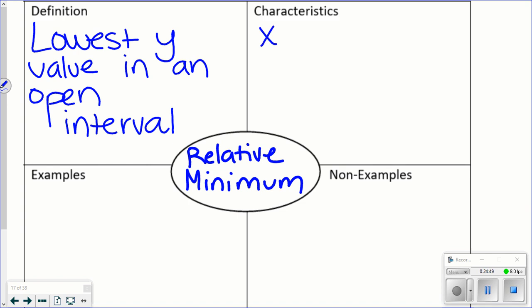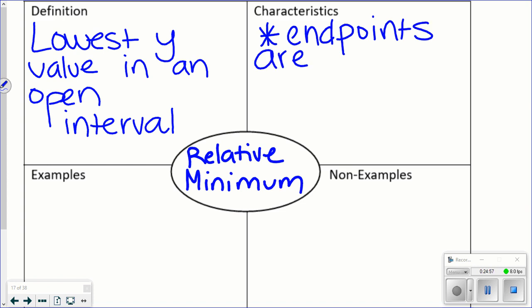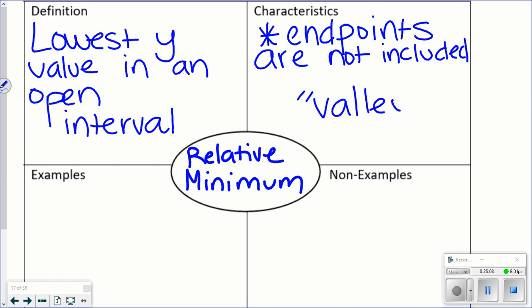Again, remember it can't be an endpoint, or your endpoints are not included. When I look at my graph, I look for a valley or a U shape.